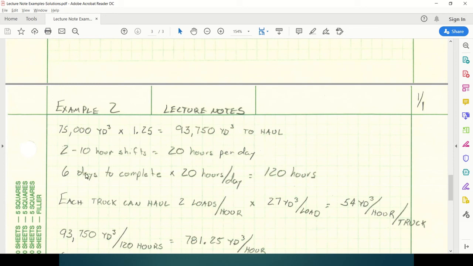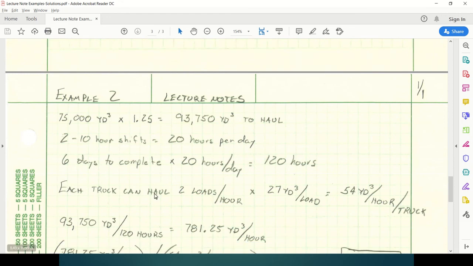They have 6 days to complete it, so the days cancel out. I have to complete it in 120 hours. That's how much time I have to haul 93,750 cubic yards.